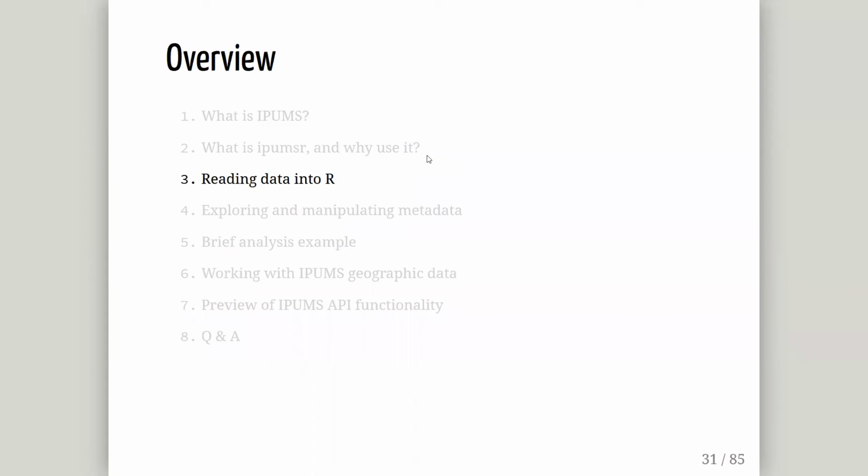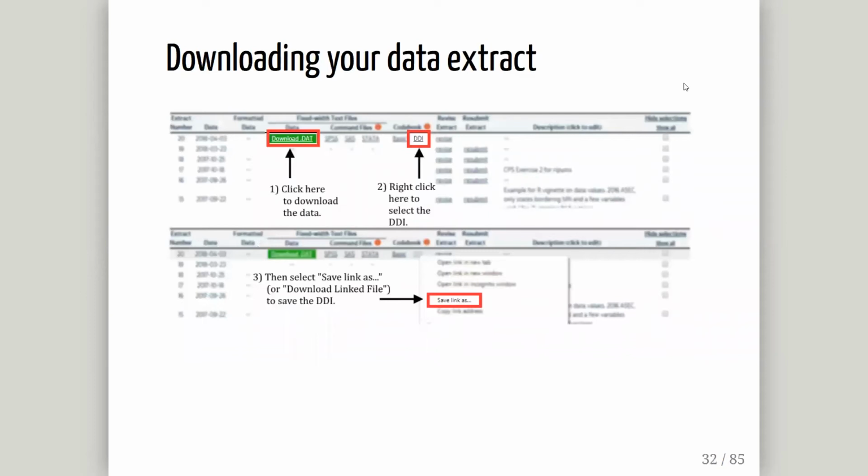Okay, so let's talk about reading your data in. One of the things that's a little bit tricky that can trip some new users up is that to download your data extract, you actually have to download both the data file and this DDI codebook file. So this shows a screenshot of what your downloads page looks like on the website.